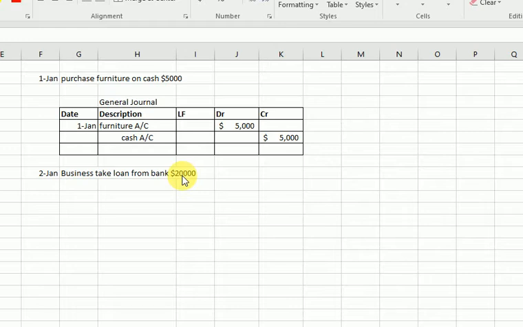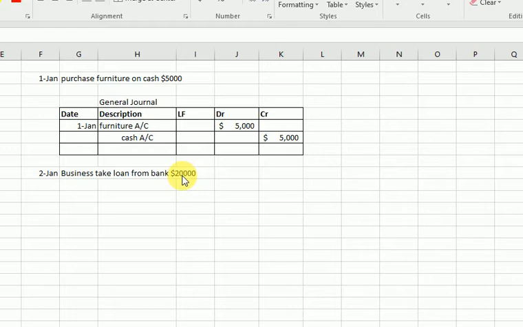Loan means qarza. So look, the cash of the business is increased. Why? The bank gives cash to the business, but this cash is not the property of the business.